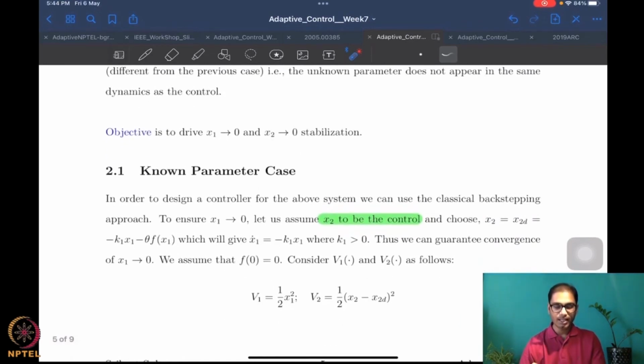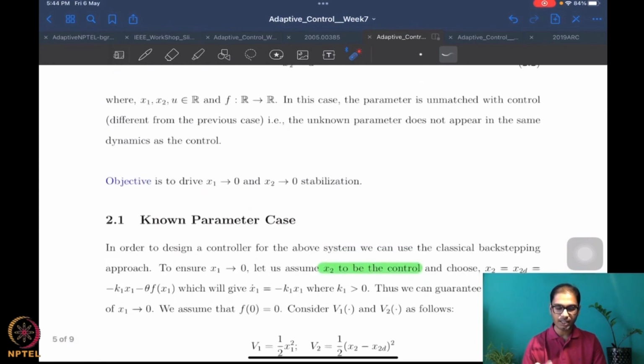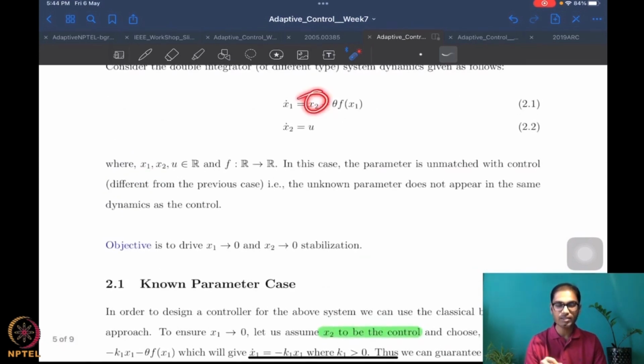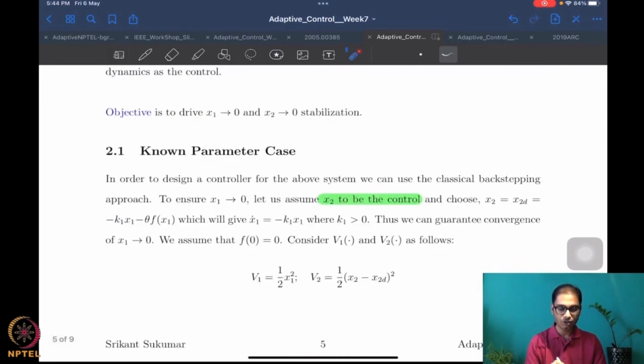So great. In order to ensure x1 goes to 0, we designed a controller assuming that x2 is the control for the x1 state. This is standard in the backstepping based method. And since the parameter is known, I can apply this kind of control to get this nice ideal system. And we also choose this nice V1, right?